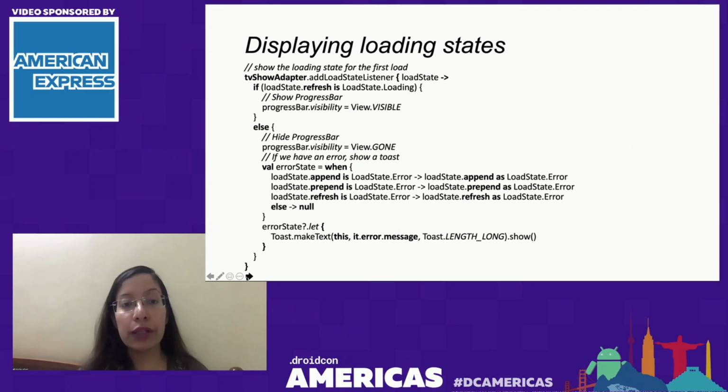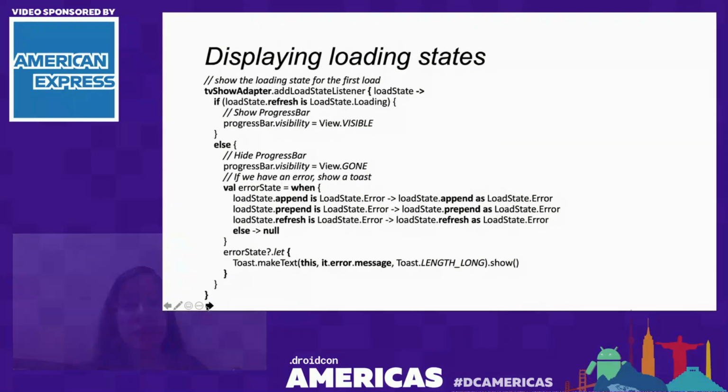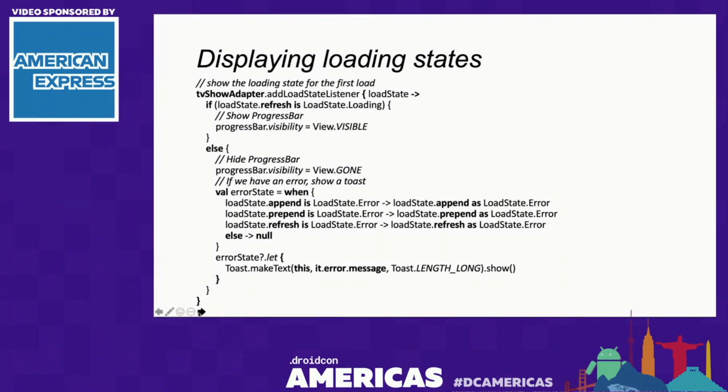If it's not loading, then we check whether there is an error in the load state append, prepend, or refresh. Refresh is the first time, append is an error afterwards, and prepend is before. If there is an error in any of the load states, then we simply show our error text.